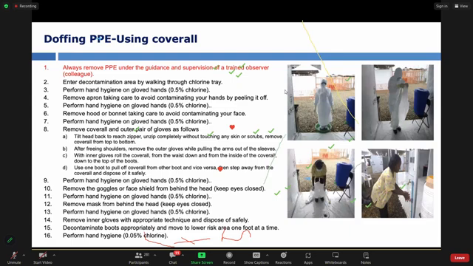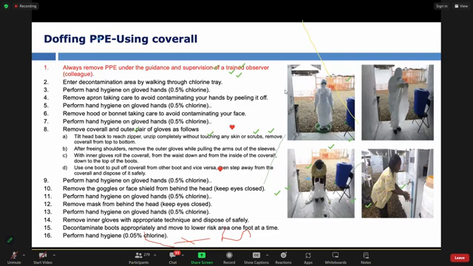So you need to ensure an individual is available. You also have containers for disposal, and also ensure that there is proper segregation when it comes to those items that you have to reuse. You have to begin by entering the contamination area by walking through a chlorine tray.